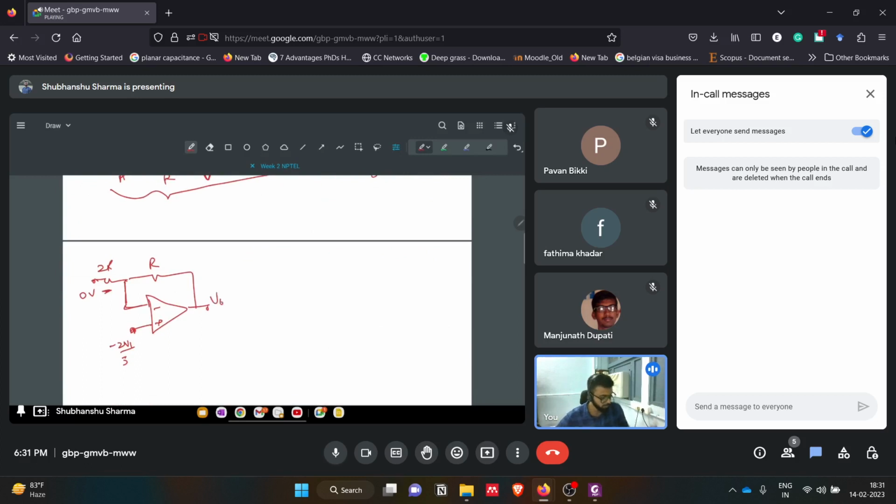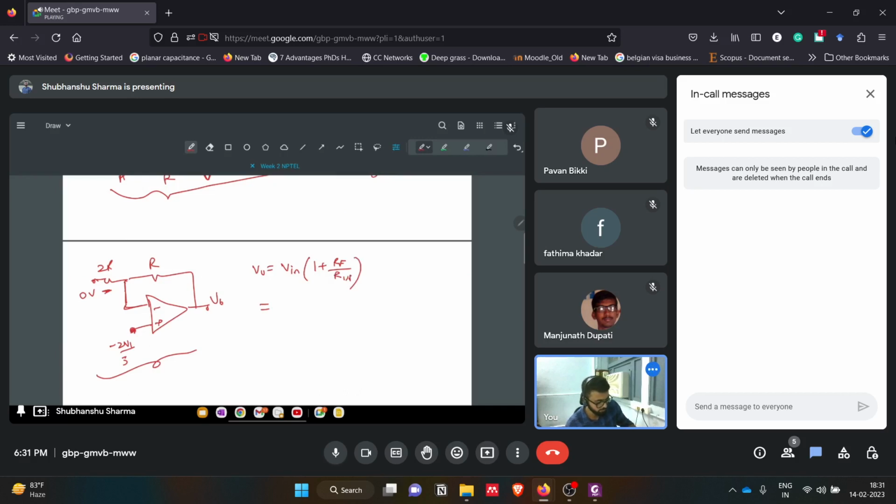So now what will be the V naught here? The input voltage is V, and this is our non-inverting amplifier configuration, so the gain is V input times (1 plus R feedback by R input).